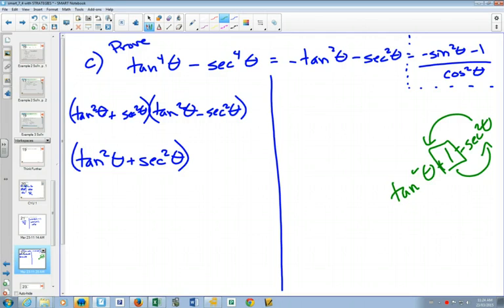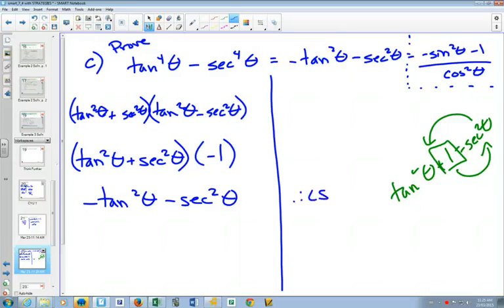So what's tan squared minus secant squared equal to? A negative 1. And then when I distribute that negative 1, I'm going to get negative tan squared minus secant squared. And we're done.